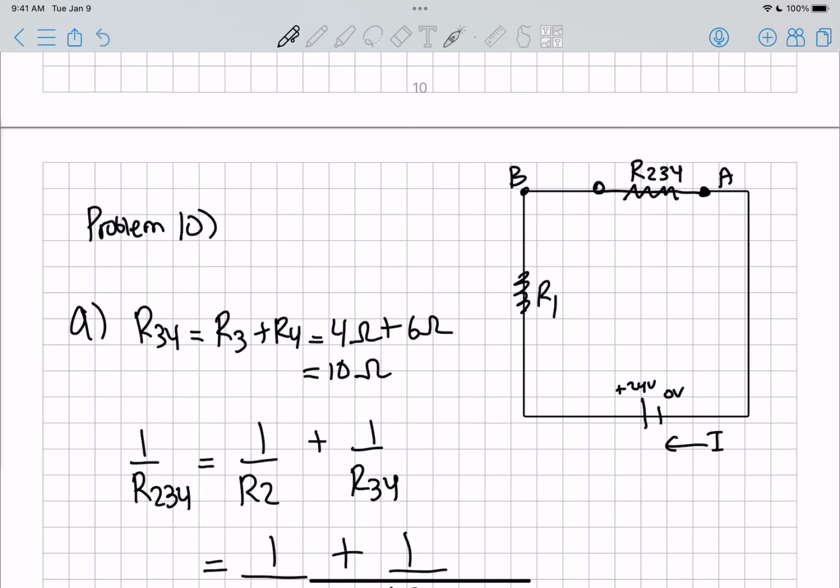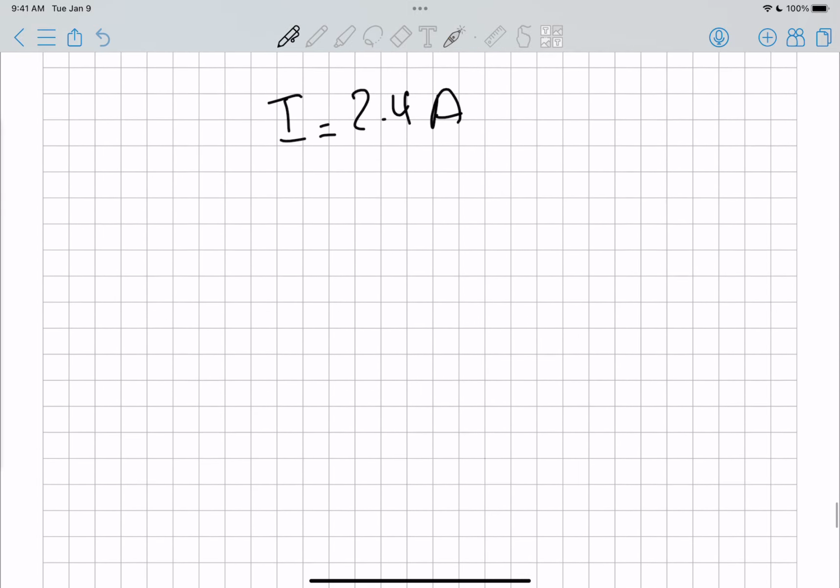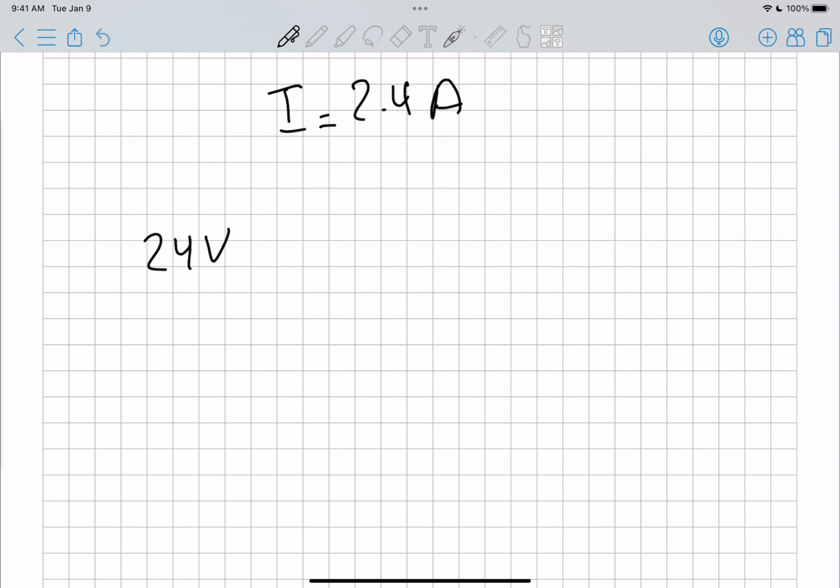So if I simplify this down to R234, I should still have the same voltage drop across the whole thing, because they're in parallel, with the same input point and same output point. So for R234, I can then figure out the voltage drop across that one. I had 24 volts initially, right?